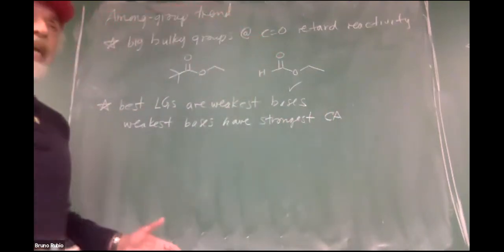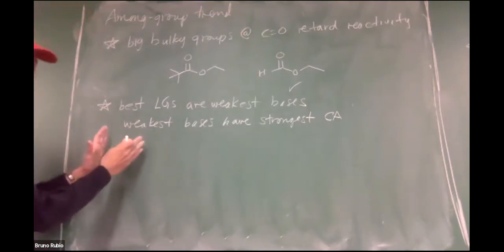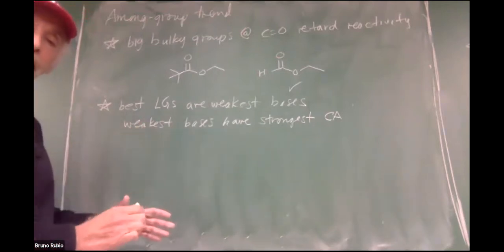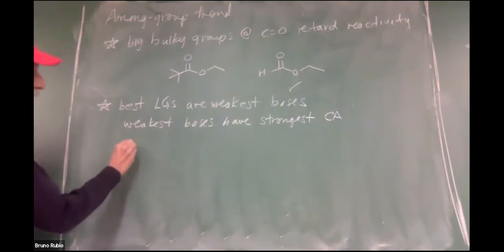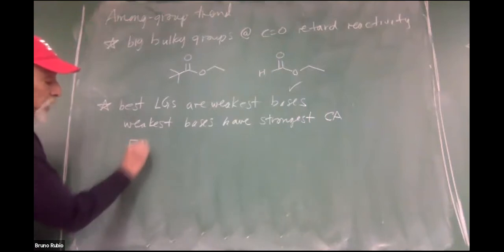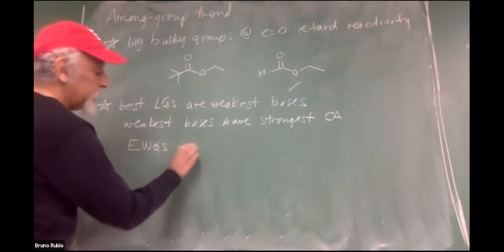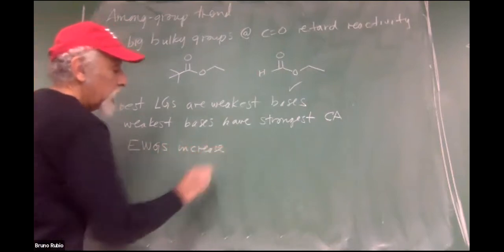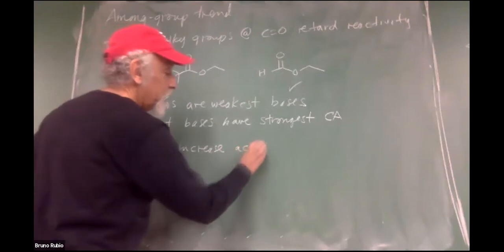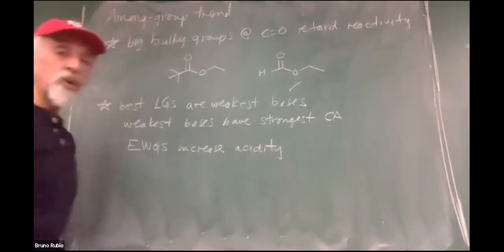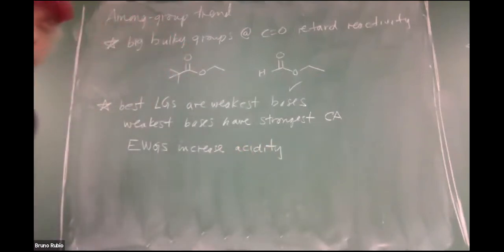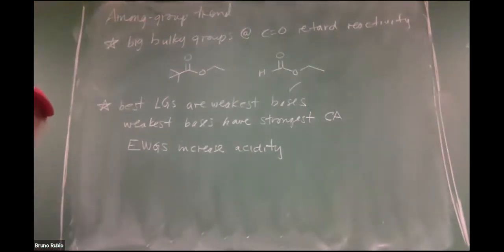And another principle that we encountered earlier in the semester is that electron withdrawing groups increase acidity. So this is another thing that we have to consider when we're looking at two esters or two amides and we're trying to decide who is more reactive than whom.